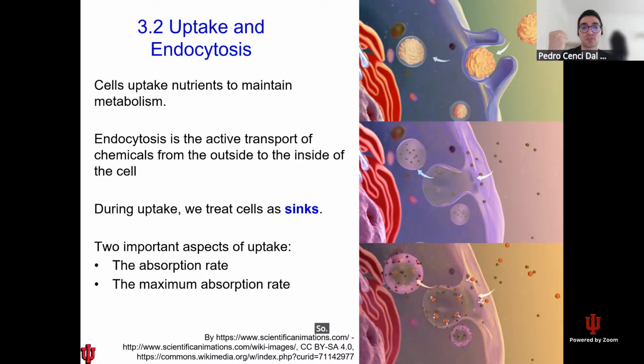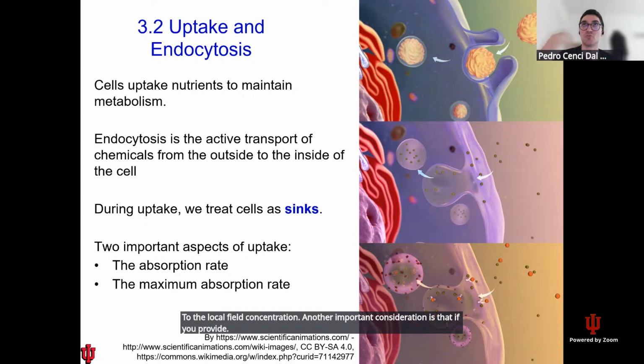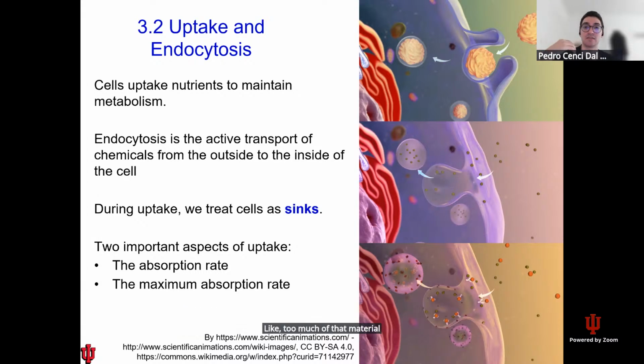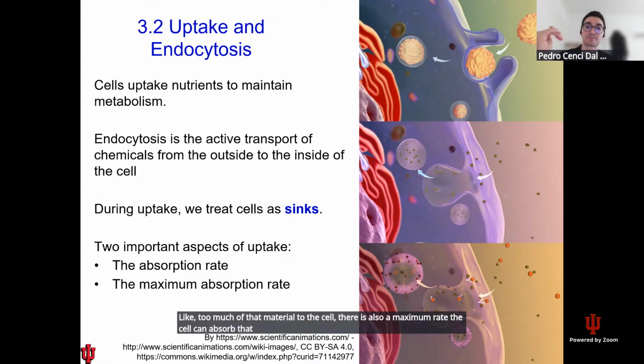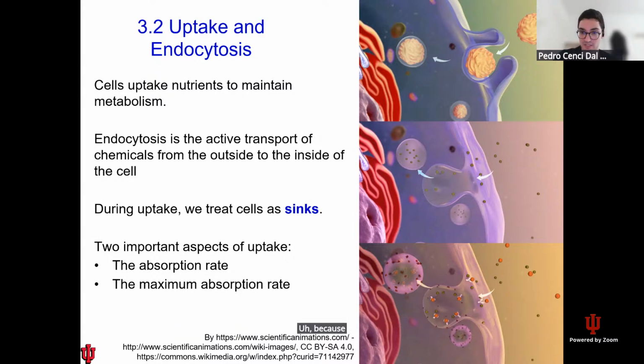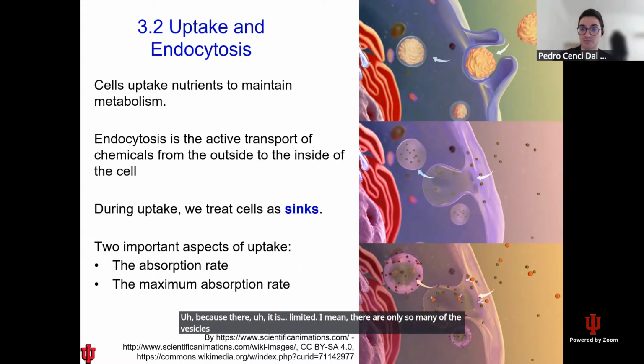So the update we're going to implement has to be proportional to the local field concentration. Another important consideration is that if you provide too much of that material to the cell, there is also a maximum rate the cell can absorb that material, because it is limited. I mean, there are only so many vesicles the cell can produce.